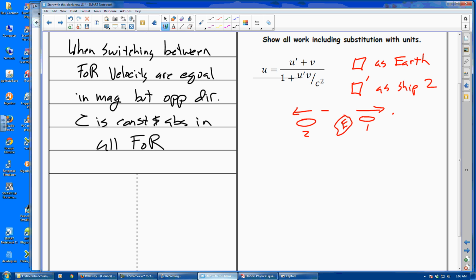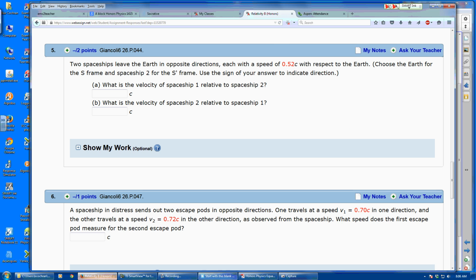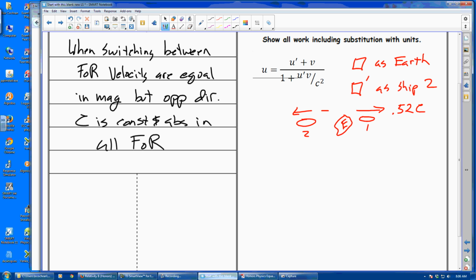And both of these are moving at 0.52 c. Let's take this direction as negative. So we'll say that one's moving at negative 0.52 c, both of these in the Earth's frame of reference, right?